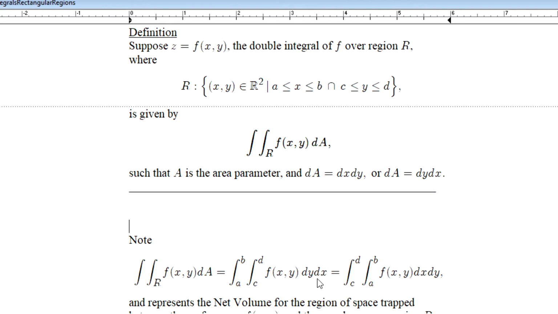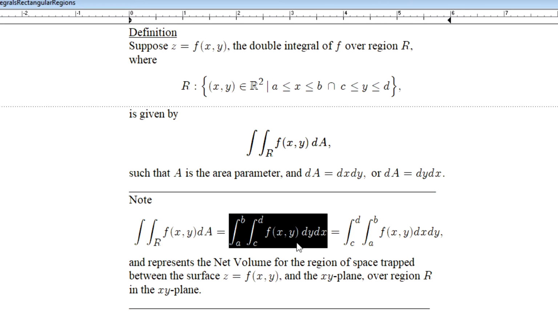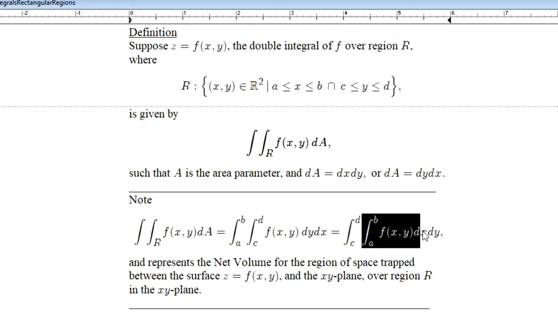This would be laid out in the chapter as Fubini's theorem, which does say that the double integral, or the surface integral, over R for function f, all with respect to that area parameter A, can be calculated either as this double integral, where we integrate first on the inside with respect to y, and then consider the integral with respect to x, or consider that equivalent to integrating first with respect to x inside this double integral calculation, and then with respect to y.